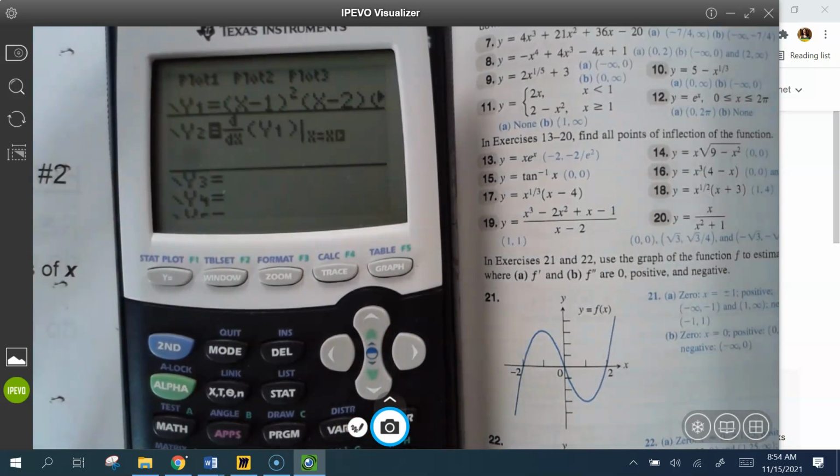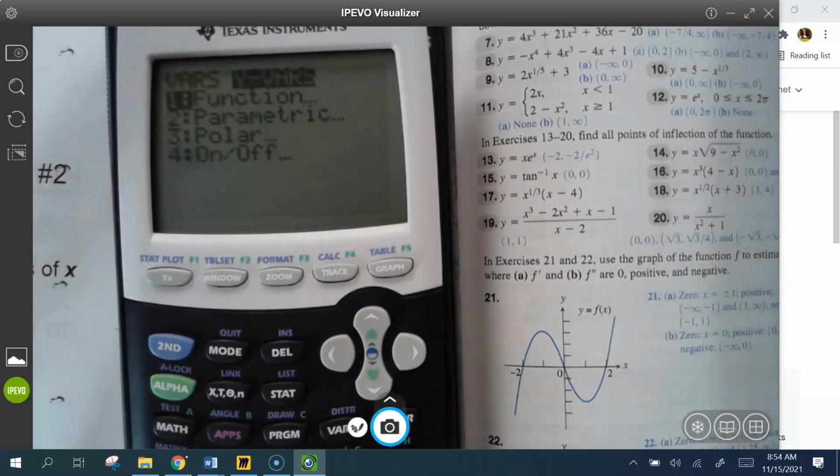And X equals X. Vars, over to Y vars, and hit enter on function. You can call up any of those Y functions that you've typed in.